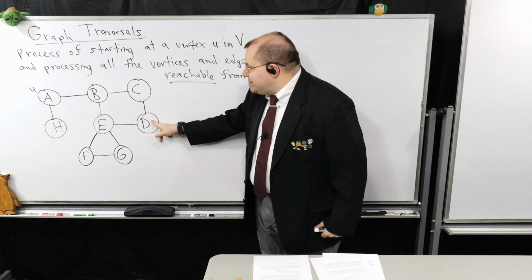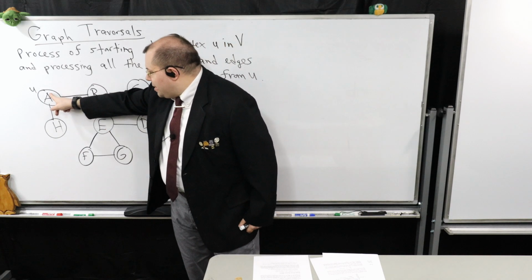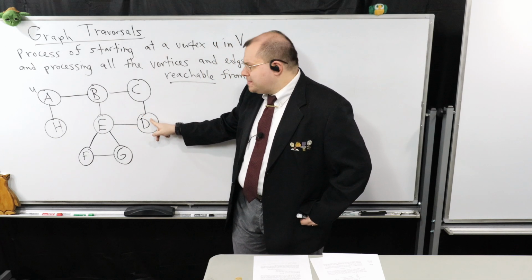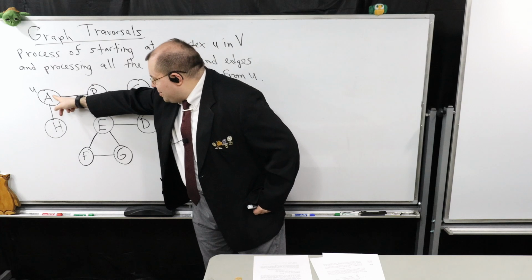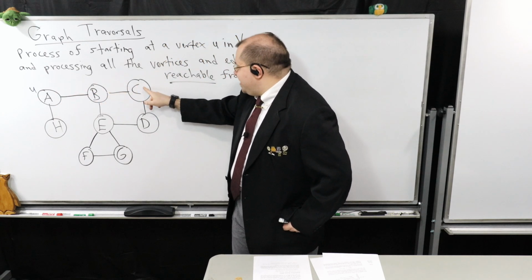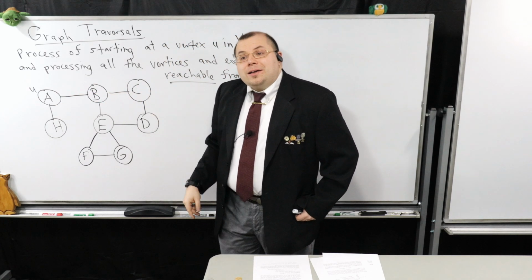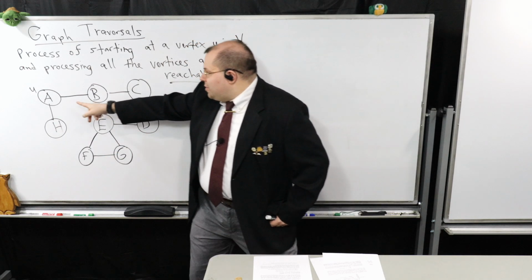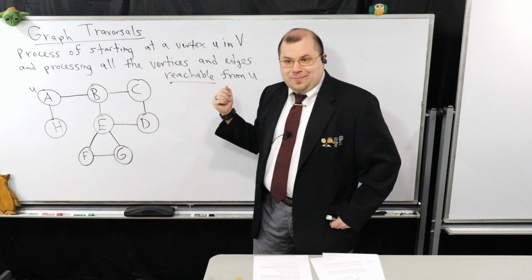So notice that there is a path that gets me from A to D, right? There's at least one. So for example, I could go A to B, then B to C, then C to D, right? So this would be an example of a vertex that is reachable from u, in this case A.